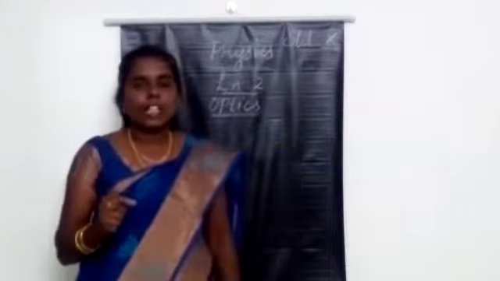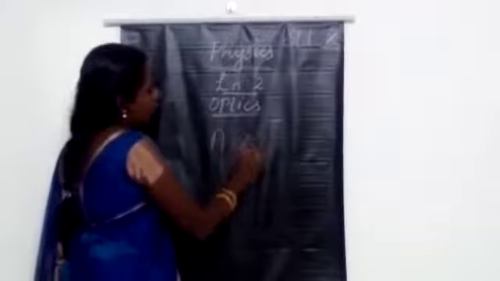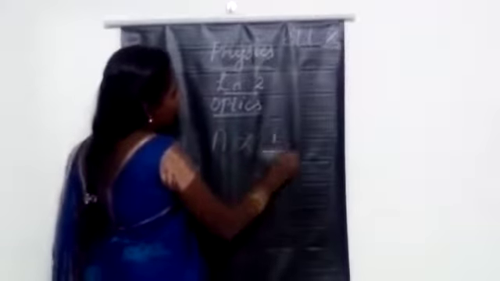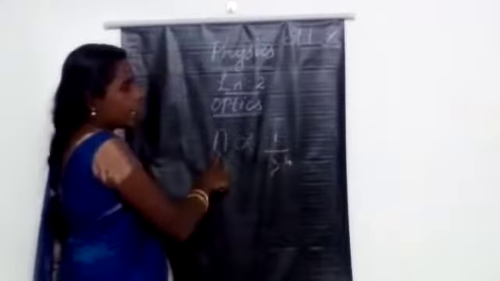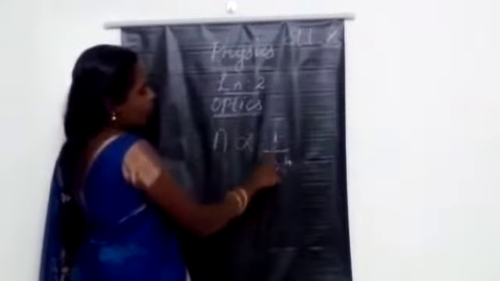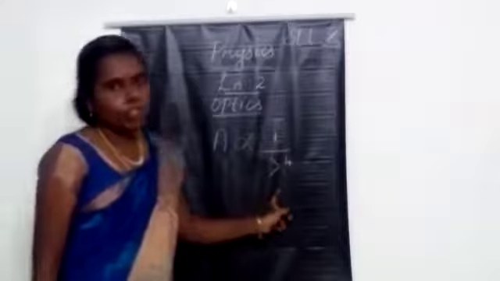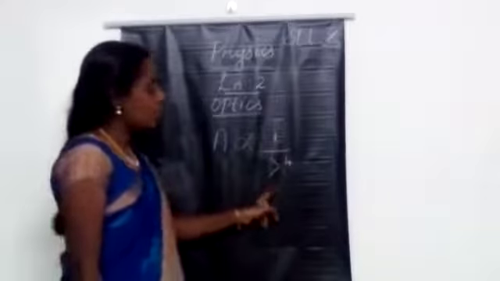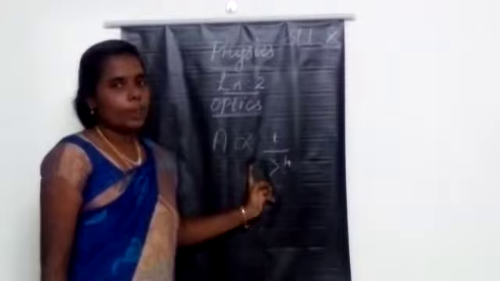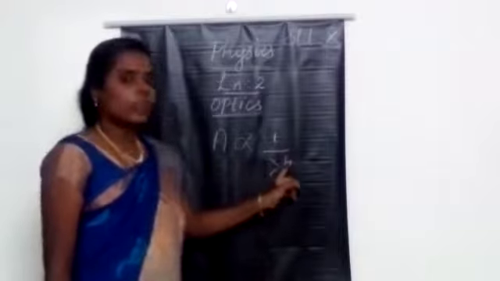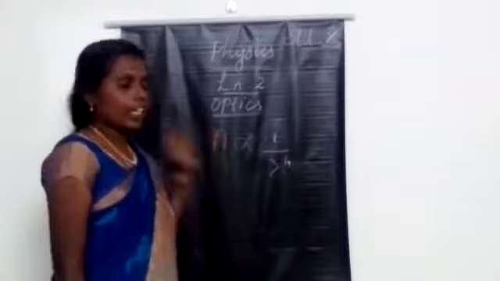The amount of scattering of light is inversely proportional to the fourth power of its wavelength, that is, proportional to 1 by lambda power 4. This lambda denotes wavelength. What is the meaning of inversely proportional? The wavelength is more means the scattering power is less. That is the Rayleigh scattering law.